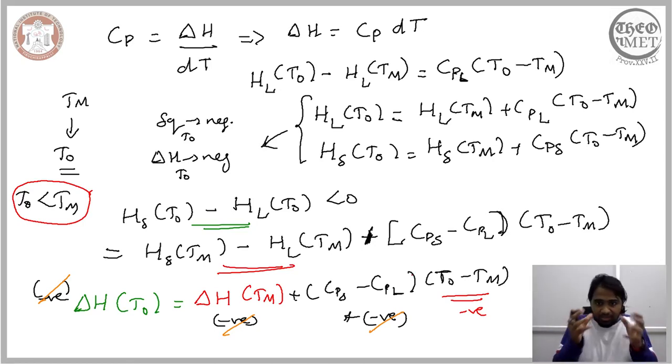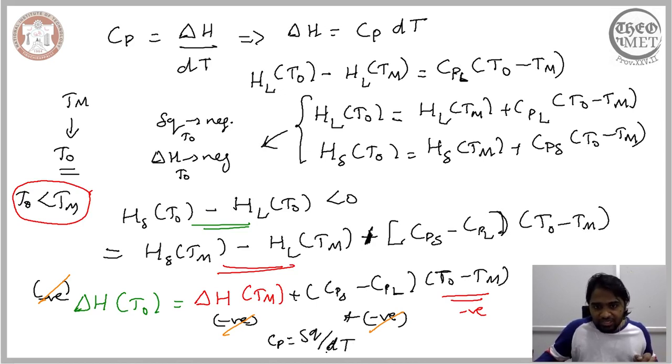Conceptually it can be observed that this term will be positive because the description of the Cp here, in a generalized way, is this: the ratio of the heat exchange and the corresponding change in the temperature.